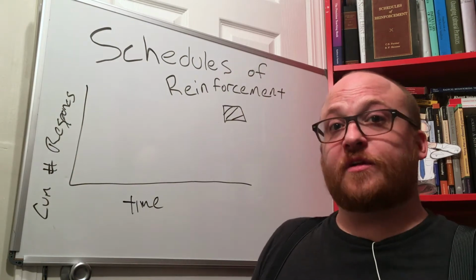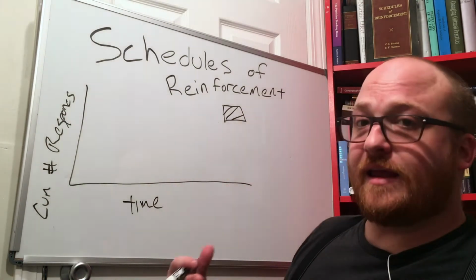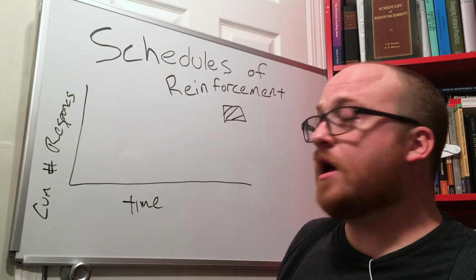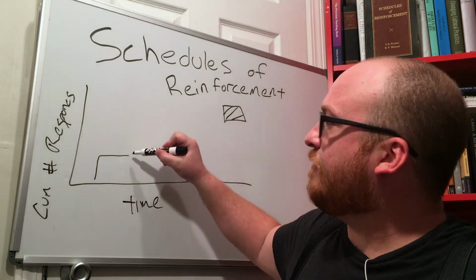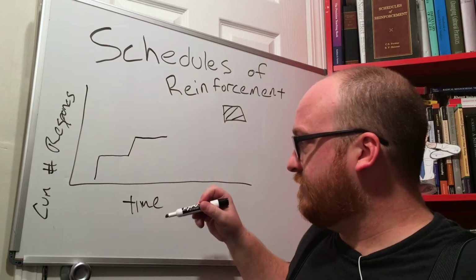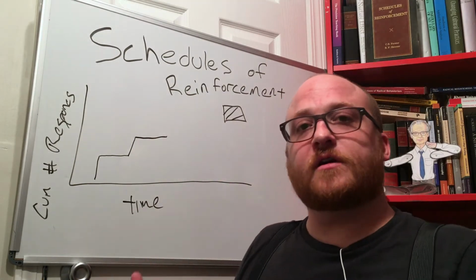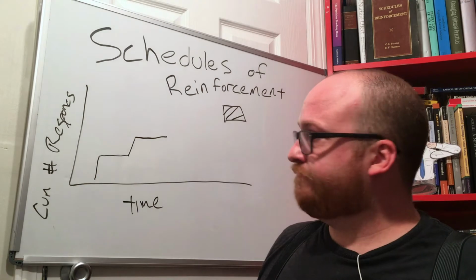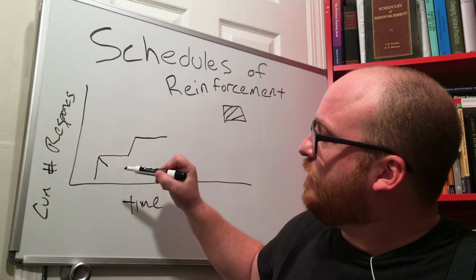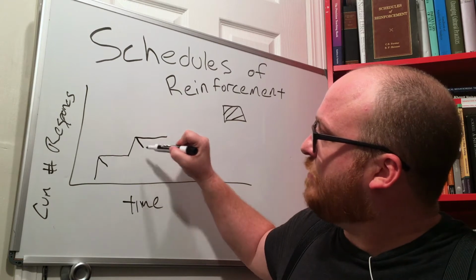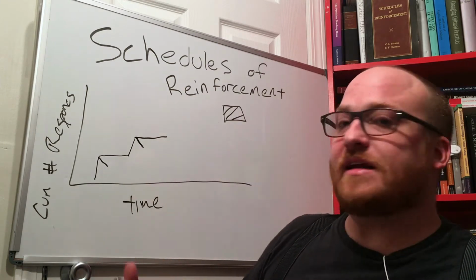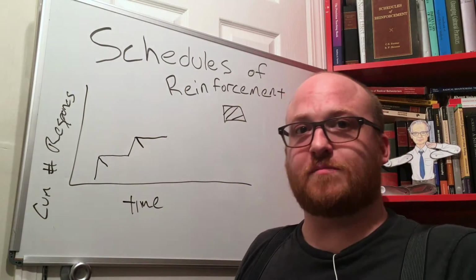When looking at a cumulative record of any FR schedule of reinforcement, what we're going to see is a rise and then a run, followed by a rise and a run. Those runs are going to follow reinforcement. So on a cumulative record, you'll see a little tick mark that looks like a little slash over the responding behavior, and that just indicates that reinforcement was administered.